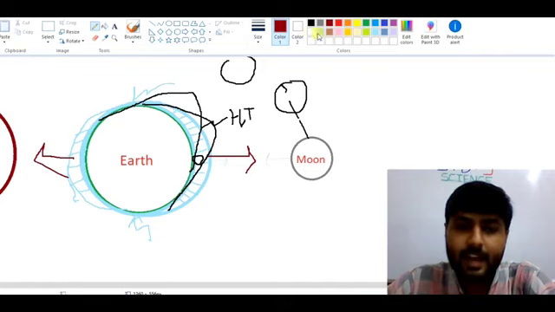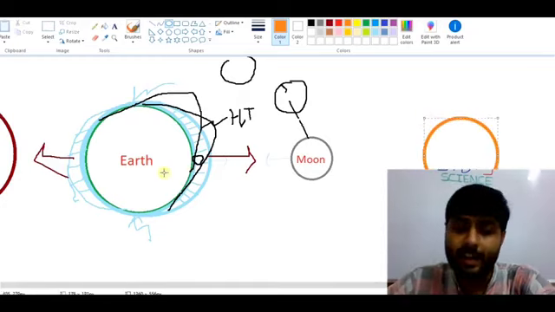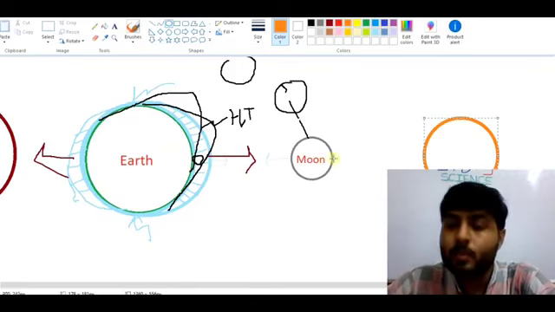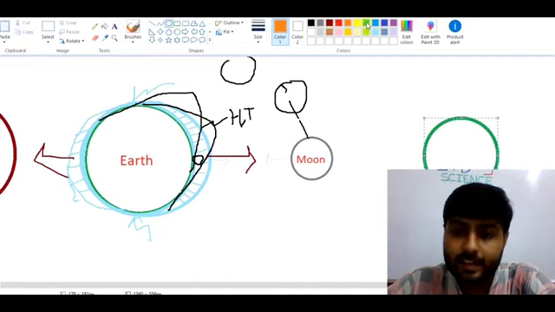And when sun, moon and earth are in the same line, on that day this bulge will be largest.